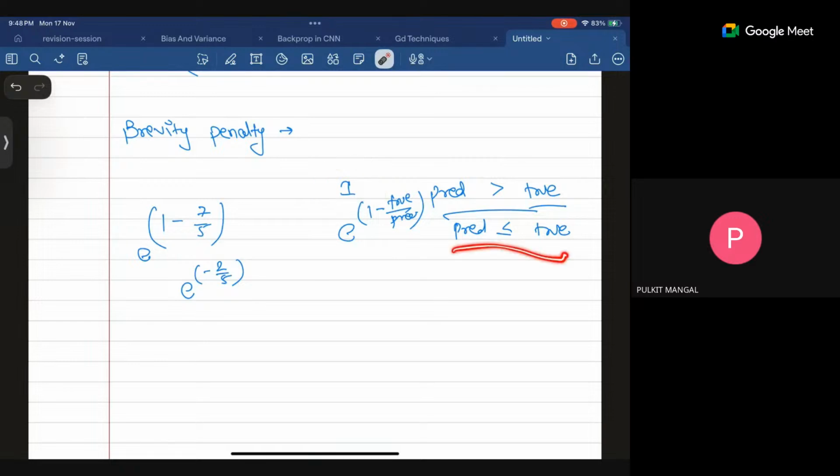Else, the brevity penalty would be e power 1 minus length of true by length of pred. So does the overall formula remain the same, brevity penalty into n-gram precision? Yeah, the overall formula, there's no problem in that.